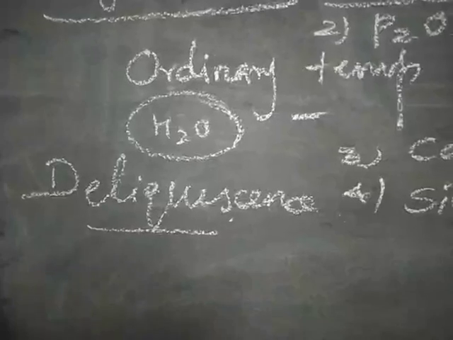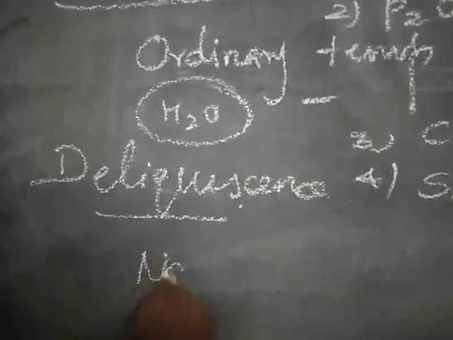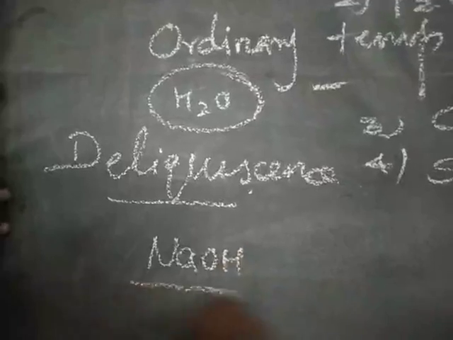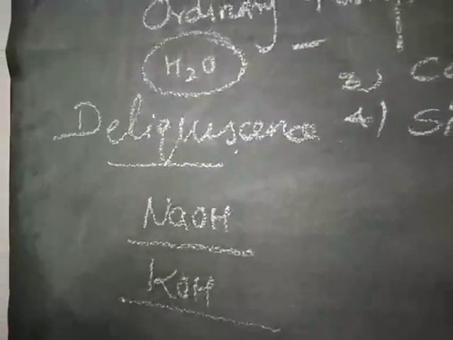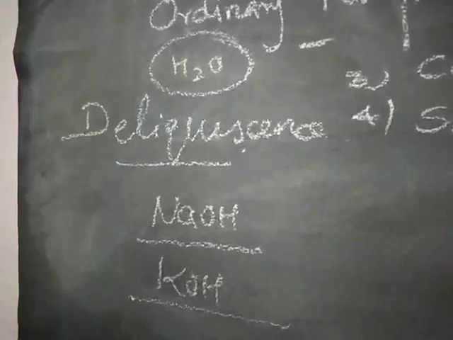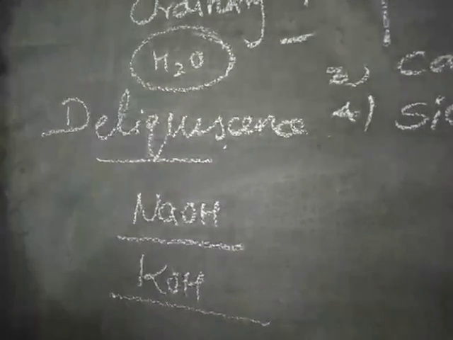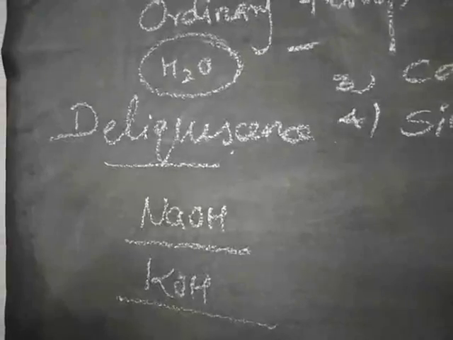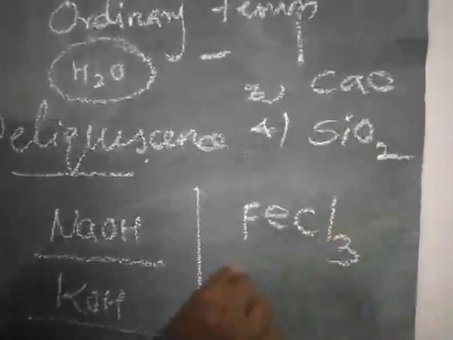For example, sodium hydroxide and potassium hydroxide, that is, caustic soda and caustic potash. One more example given is ferric chloride, FeCl3.